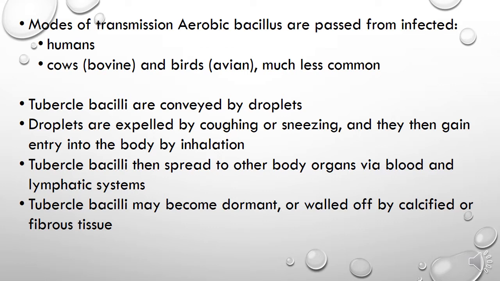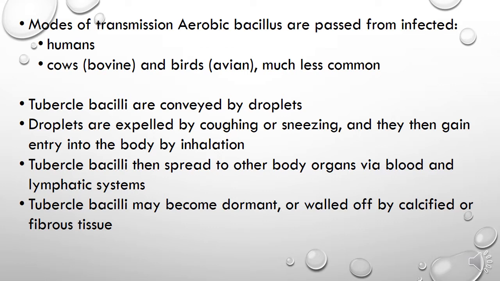So that is why a TB patient is on reverse isolation and droplet precaution. Droplets are expelled by either coughing or sneezing, somehow aerosolizing respiratory fluids. It is then inhaled by the next person. Those tubercular bacilli are then spread to other body organs via the blood as well as the lymphatic system.